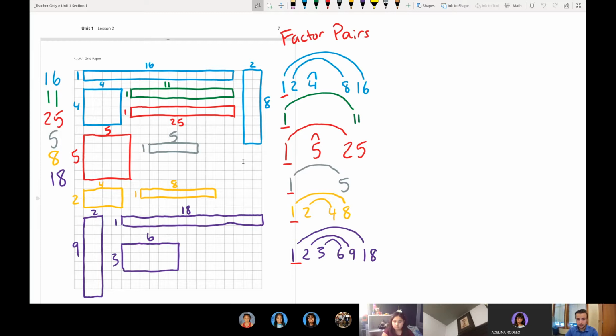We'll get into it maybe at the end of class today, maybe tomorrow, but I'm going to write it down anyway. These are prime numbers. Yep, you can write it down. These numbers that only have 1 rectangle that they can make, or 1 factor pair, those are called prime numbers.